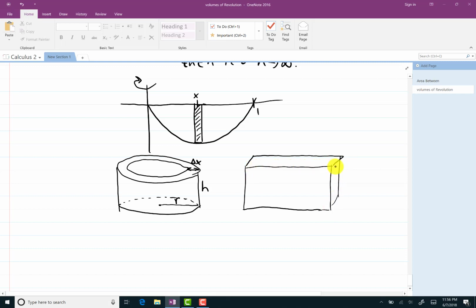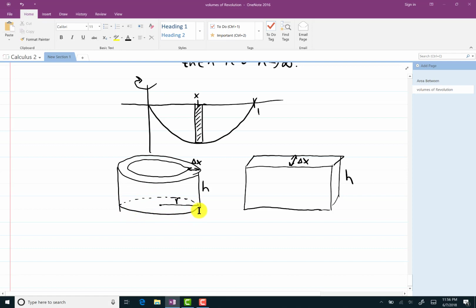And of course, delta x is how thick these are, so this width up here is delta x. If I want to know the volume of this thing, I'll need to know all three dimensions. Right now I only have the thickness. Well, here's h again. And down here, how long is that? Well, remember, this line is the same as the length of the circumference of this circle down here.